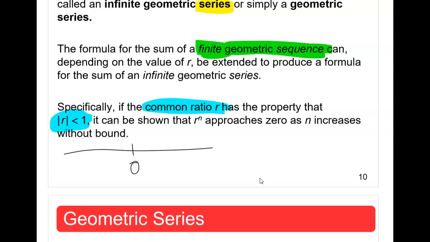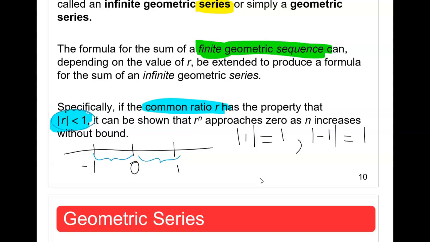So if we have 0 here, and here we have 1, and here we have -1, then the distance from 1 to 0 is 1, right? That's what the absolute value represents. And so the absolute value from -1 to 0 is also 1, because distance is always positive.